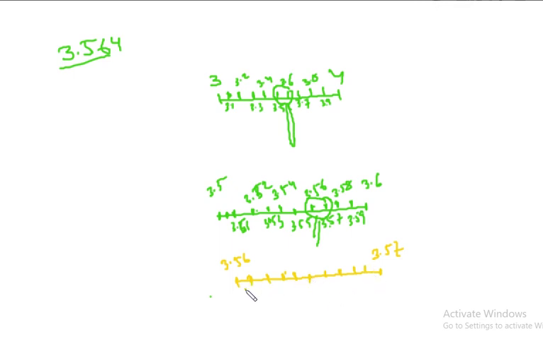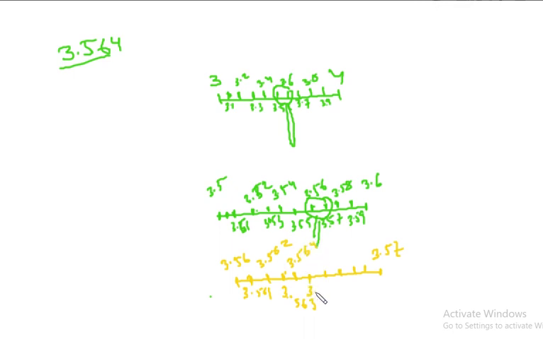So this point will represent 3.561. This will be 3.562. This will be 3.563. This will be 3.564.